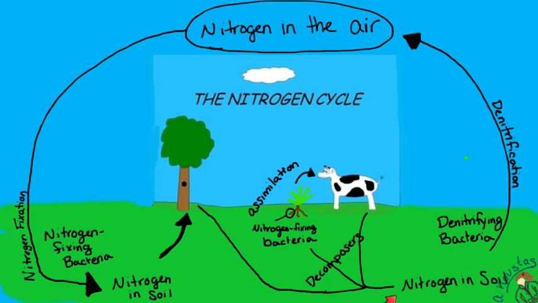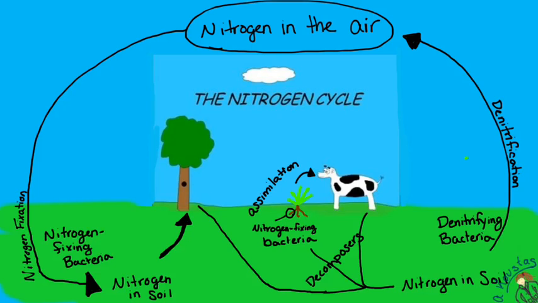So the nitrogen in the soil, there's actually another kind of bacteria called denitrifying bacteria that will take the nitrogen compounds in the soil and turn them into a kind of nitrogen that can remain in the air. This process is called denitrification because we're undoing the nitrogen fixation that originally occurred. So bacteria are really driving the nitrogen cycle.